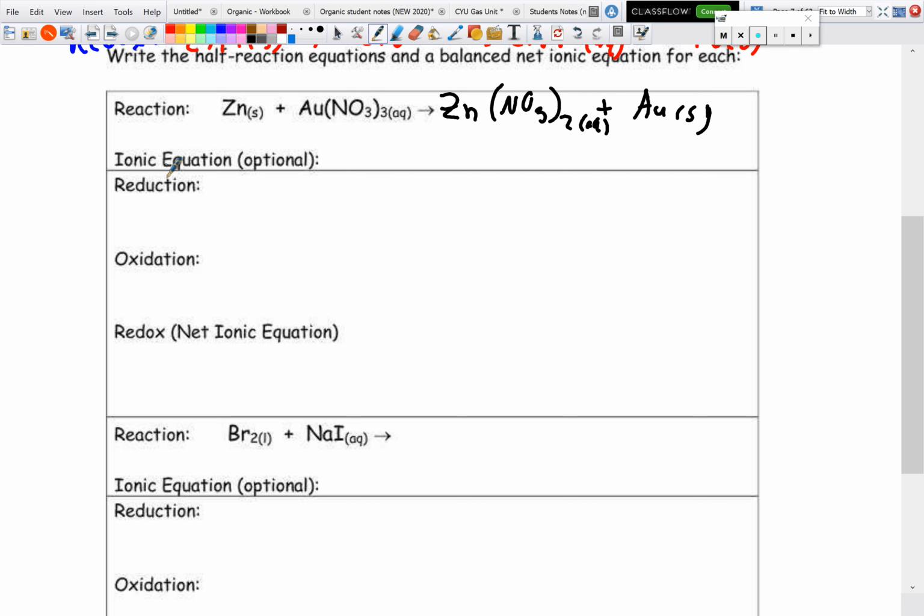Now, you can write out the ionic equation, same as we did before, just writing it out but not really balancing it, because we don't really need to see that right here. But one thing you will notice in this case is that the nitrates are going to cancel out. The nitrates are spectator.